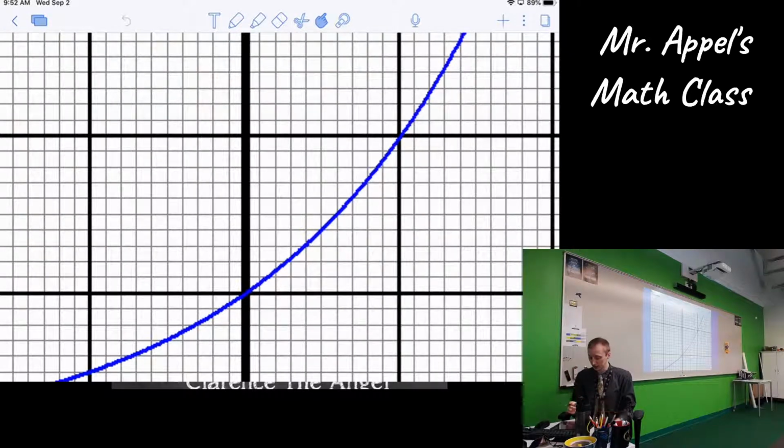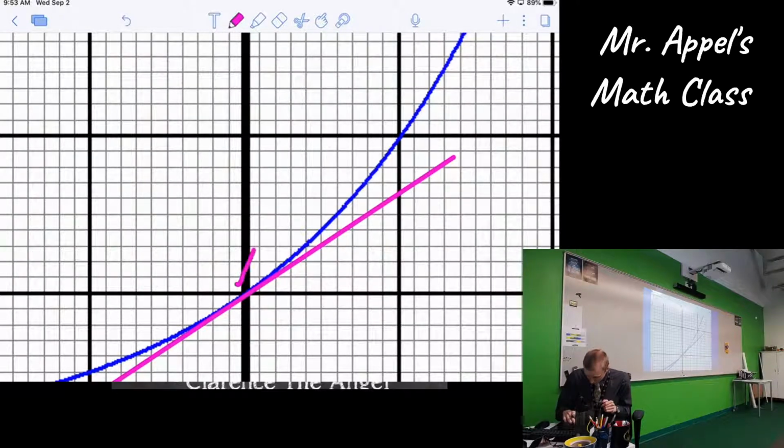a tangent line does. A tangent line, if you recall from geometry, is like any true line, perfectly straight, and it touches the graph at exactly one point, okay?